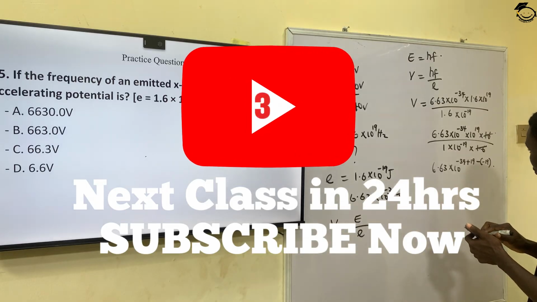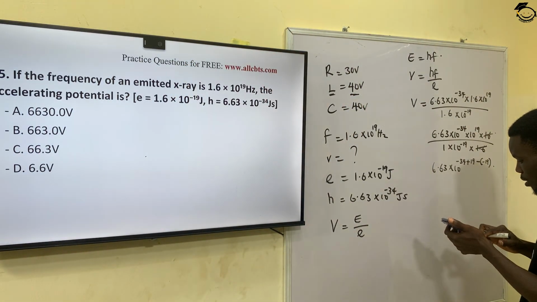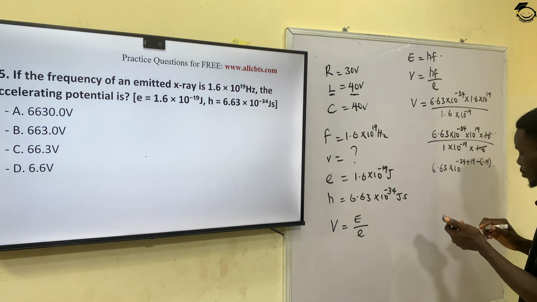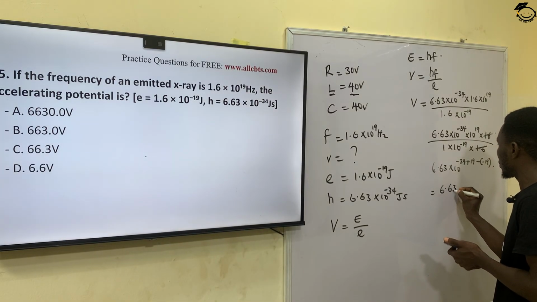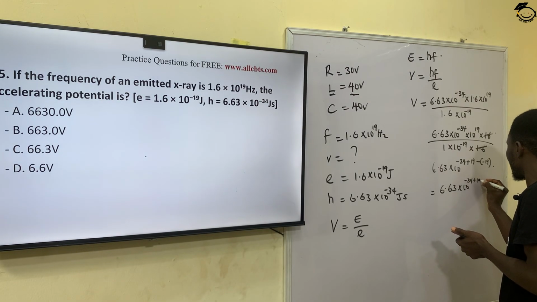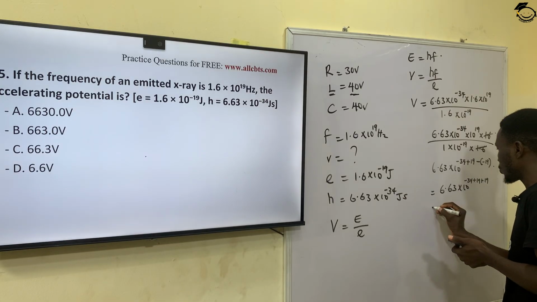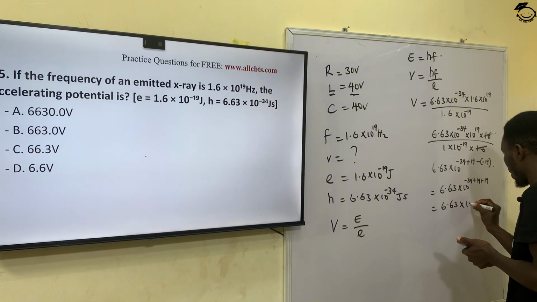So this will give me minus 34 plus 19 plus 19, that will give me 6.63 times 10 raised to power 4.